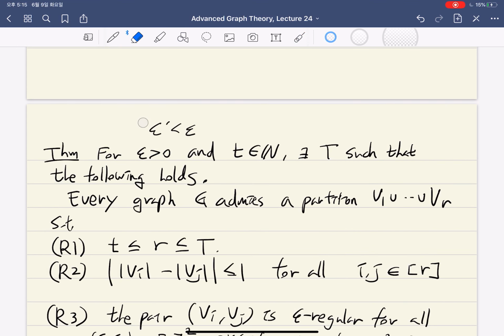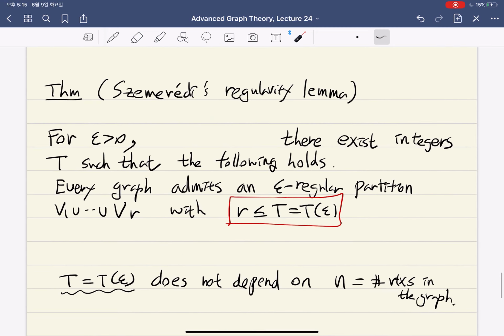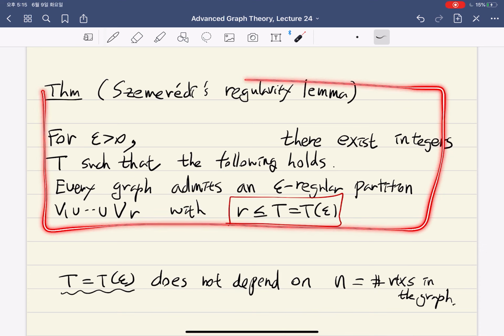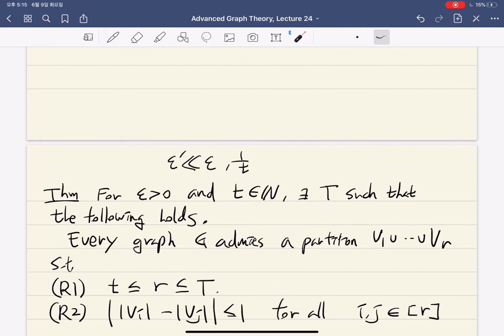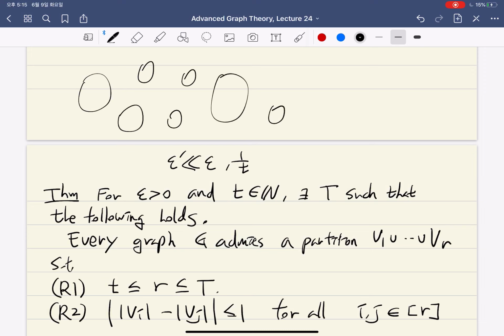Let's say this epsilon prime is smaller than epsilon and also much smaller than 1 over t. Depending on these two, we can find some function, and then we can express this in terms of these two. Then you find this epsilon prime regular partition, which may not be equitable.